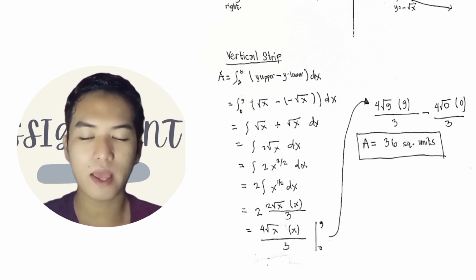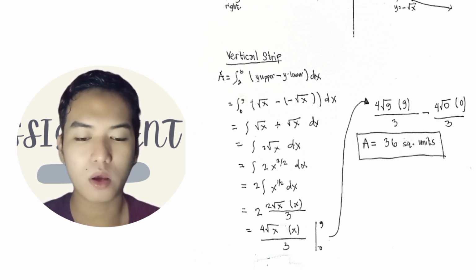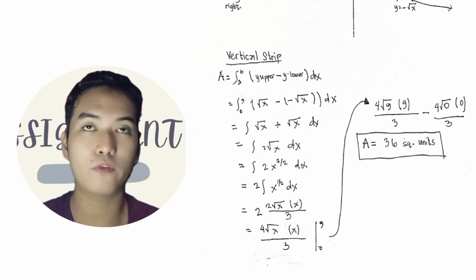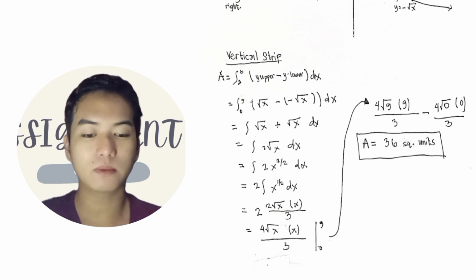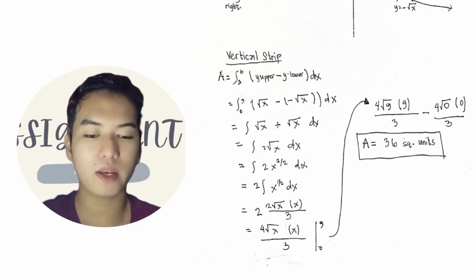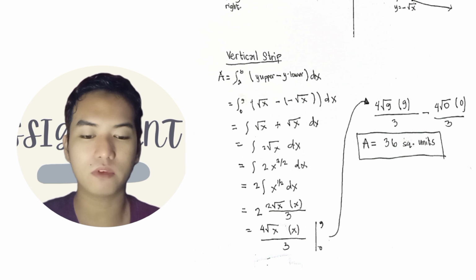First, we find the integral of square root of x minus negative square root of x. Negative times negative is equal to positive, so we have the integral of square root of x plus square root of x dx.